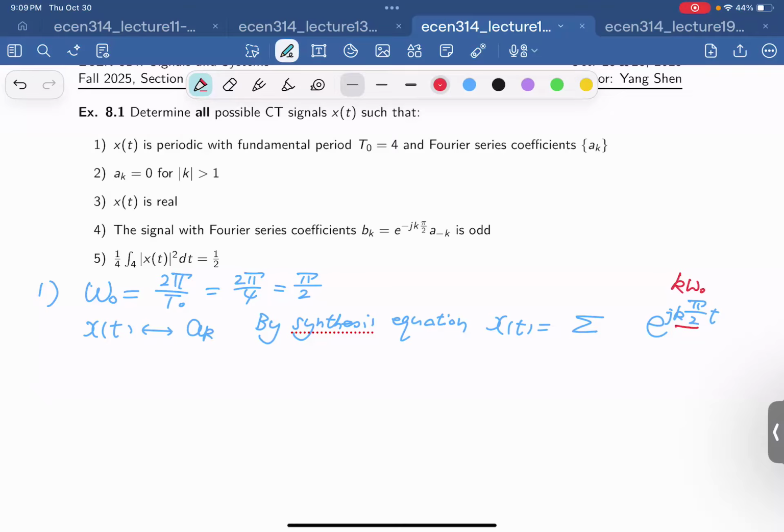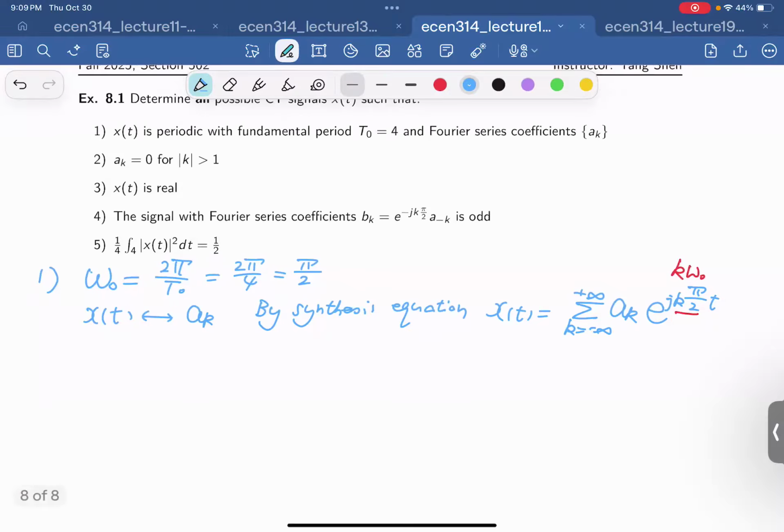In other words, they are harmonically related. And each harmonic has a weight of a sub k, and we linearly combine them together, basically with infinite terms, right? Where k is an integer. Okay, that's what we get from the first clue.